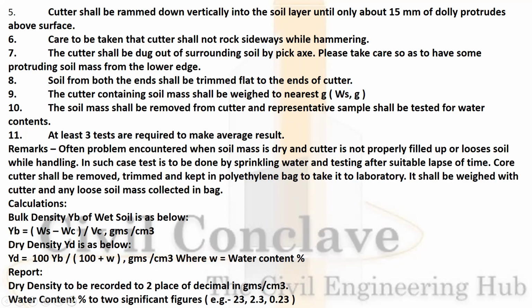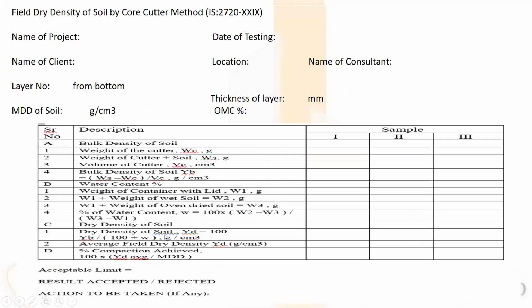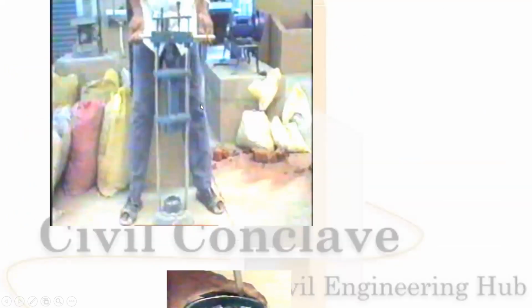Dry density shall be recorded to 2 decimal places. Water content percentage to 2 significant figures, for example 23, 2.3 and 0.23. This is the methodology of creating a record, with reference to IS 2720.